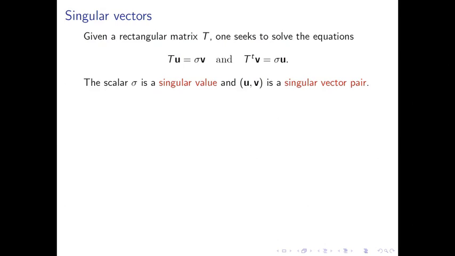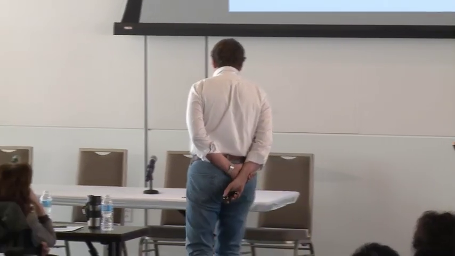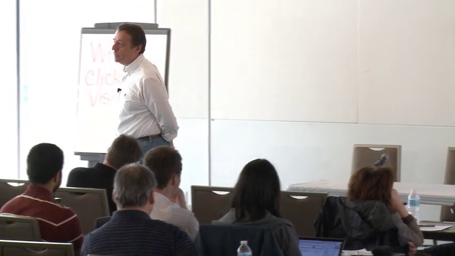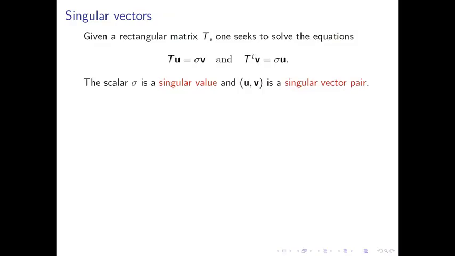Let's talk about singular vectors and singular values. So far we talked about symmetric tensors and symmetric matrices. Singular vectors pertain to rectangular non-symmetric matrices. So let's remind ourselves of the definition. Suppose T is a rectangular matrix, say with real entries.